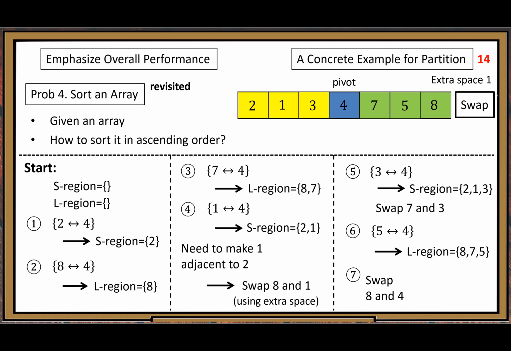After that, we have this current state, and this state is the desired state we'd like to have after the partition step. But that is just one typical partition step, right?